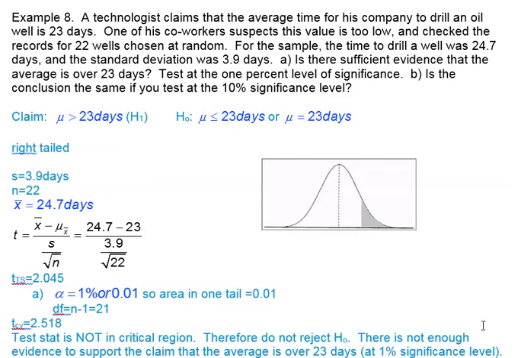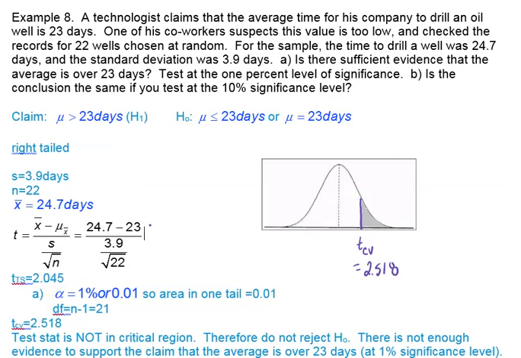So if we put that on our chart, remember the critical value that we got out of our table is the one that separates our critical region from our test statistic. So that's right along here, 2.518.